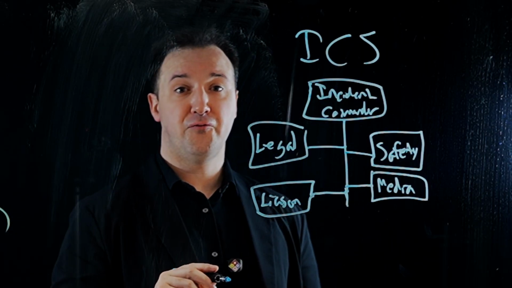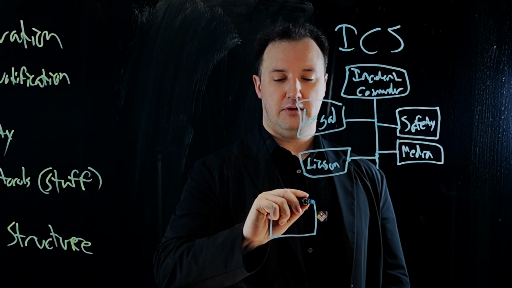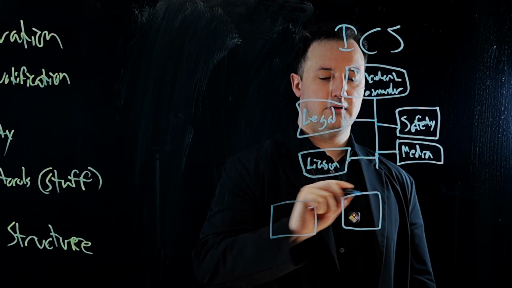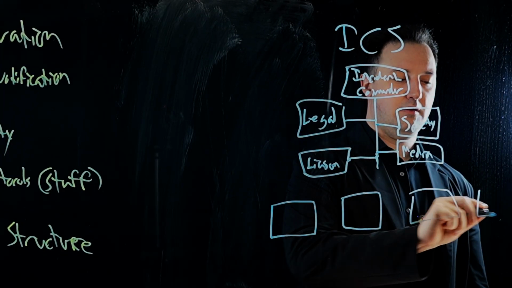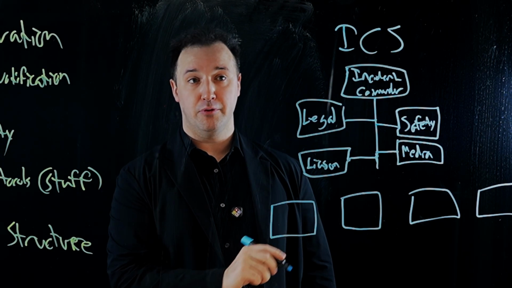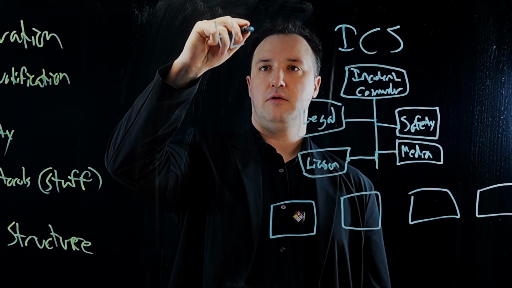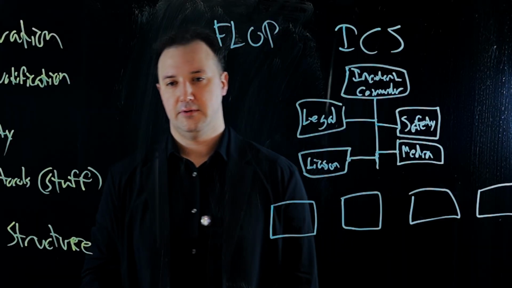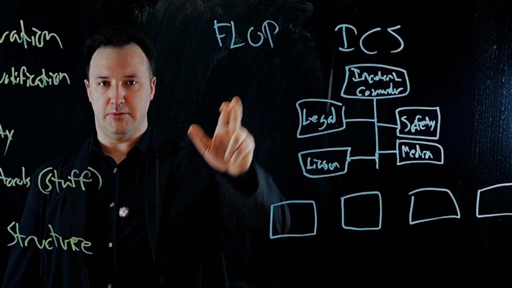Lower bracket, you have 4 boxes. Now, the acronym to remember this is FLOP. Finance, Logistics, Operations, Planning.